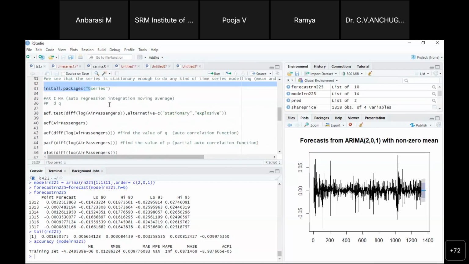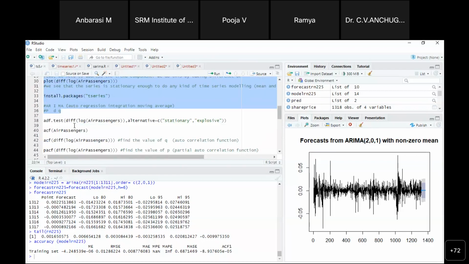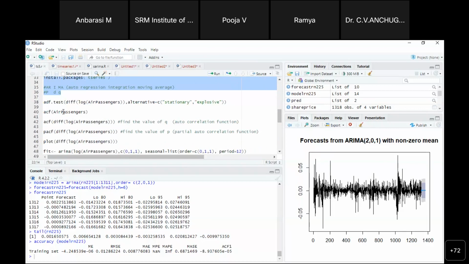Once you have done this, we can calculate the test. After calculating this test, we have to check and calculate the p value and q value. Using the ACF function and the PACF function, we can calculate them.